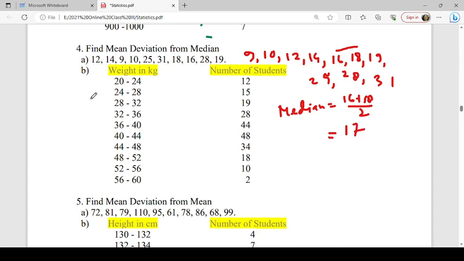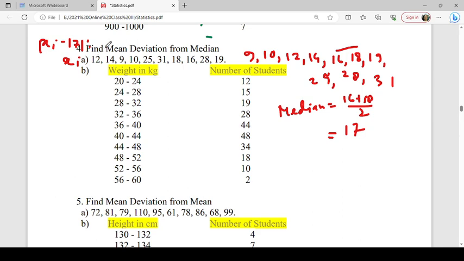Now we make one column. So these are xi, and we make this column modulus of xi minus 17, the median.